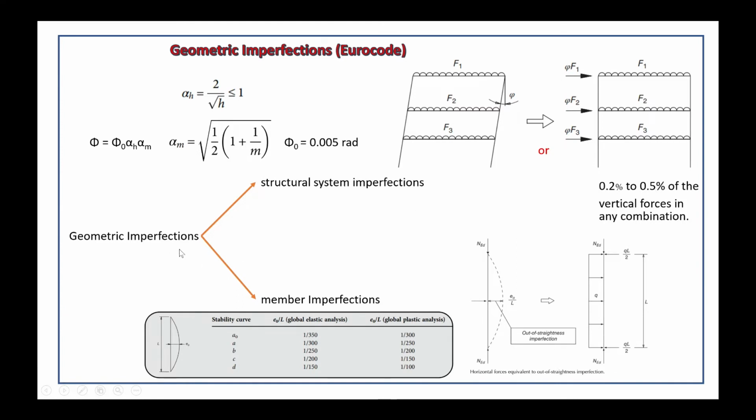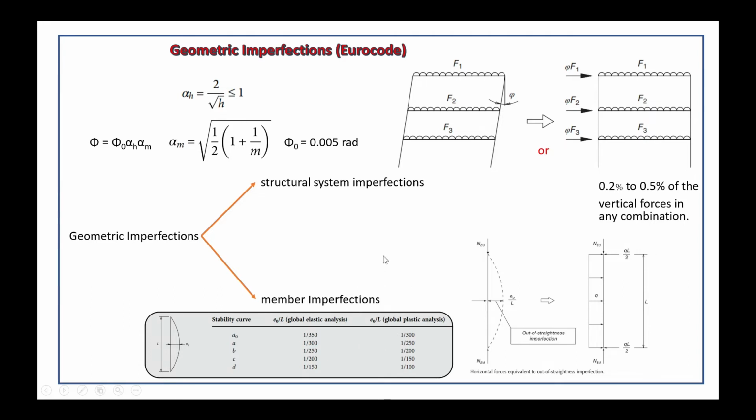We can add more for the member imperfection. This is the local imperfection. For local imperfection, you can use the value recommended by code for steel structure or for reinforced concrete structure.